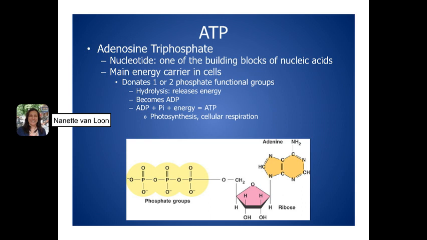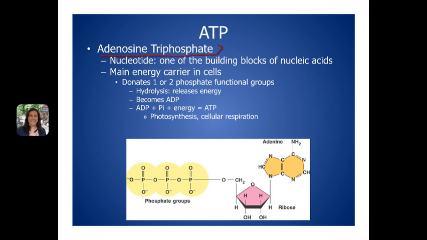The other very important function that nucleic acids fulfill is that of energy carriers in cellular reactions. The great majority of our cellular reactions are powered by the nucleotide adenosine triphosphate, or ATP.